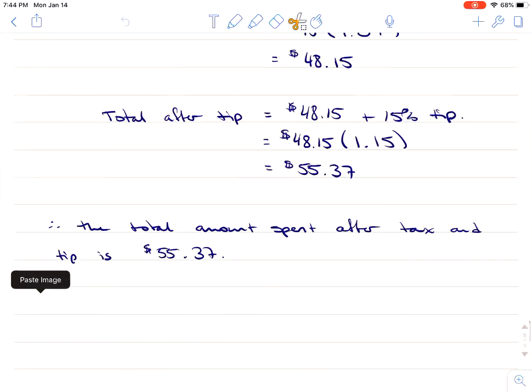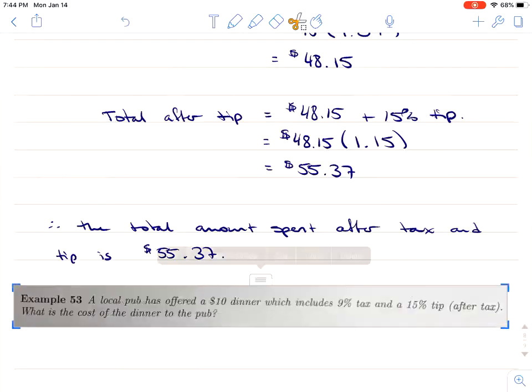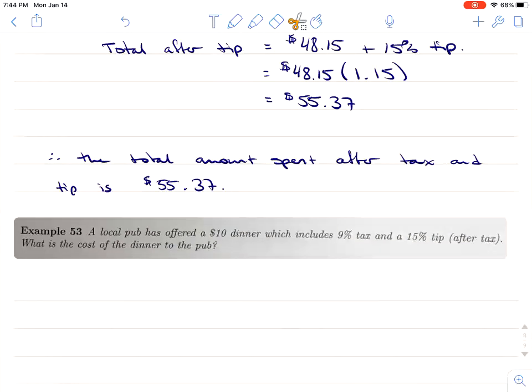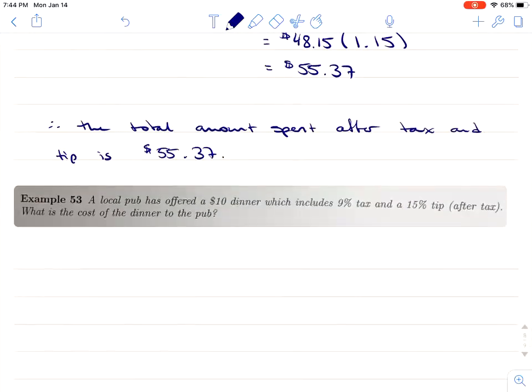We can manipulate this the other way. If we have something like this, so example 53. A local pub has offered a $10 dinner, which includes 9% tax and a 15% tip, after tax.